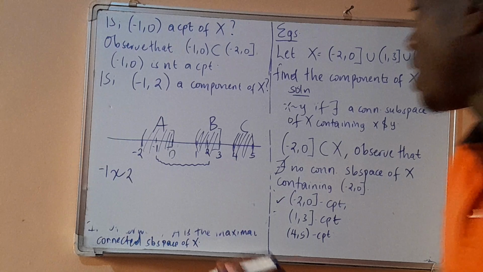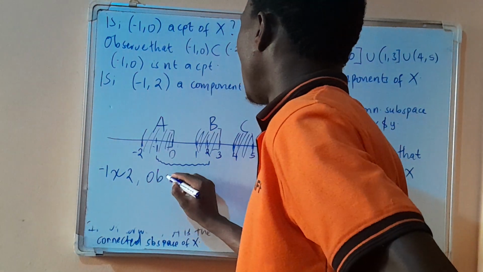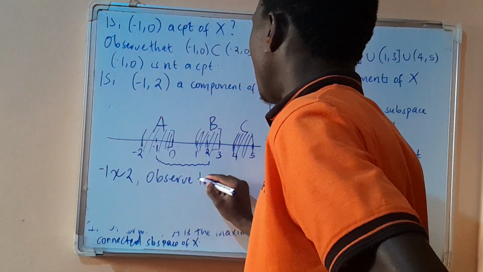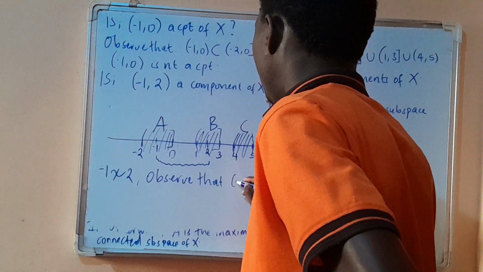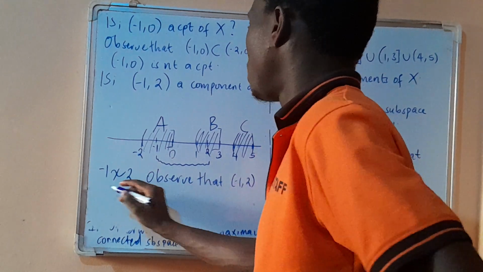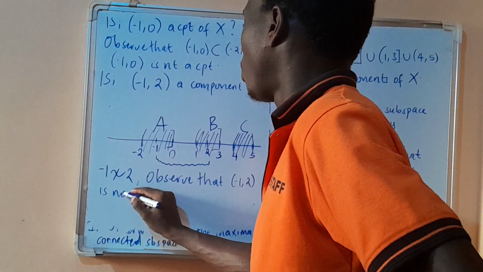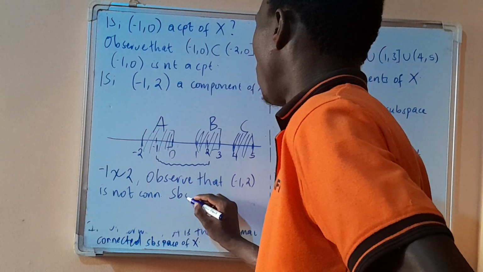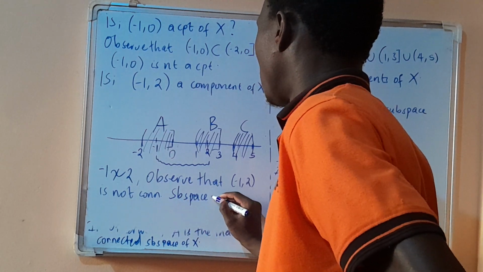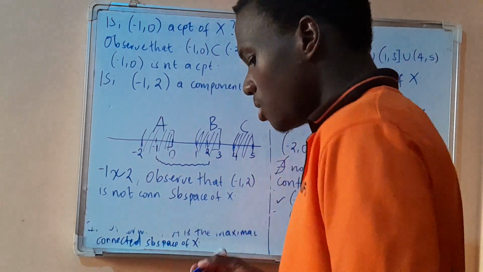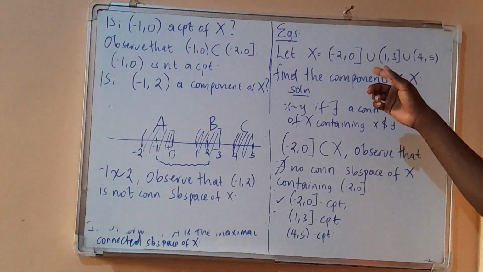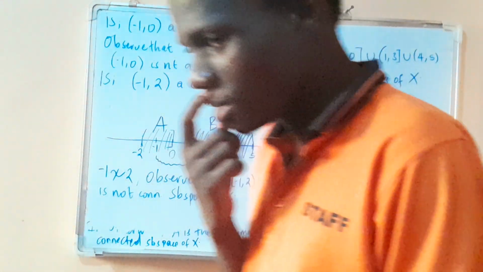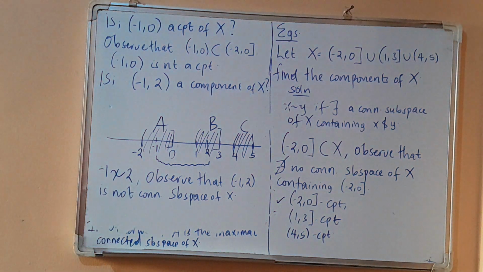So observe that [-1, 2] is not a connected subspace of X. That interval is a connected subspace of R, of the real line, but it's not a connected subspace of X defined in that way.